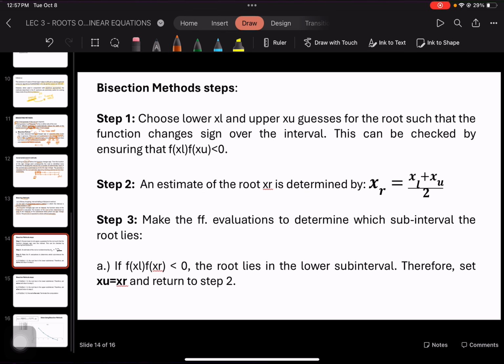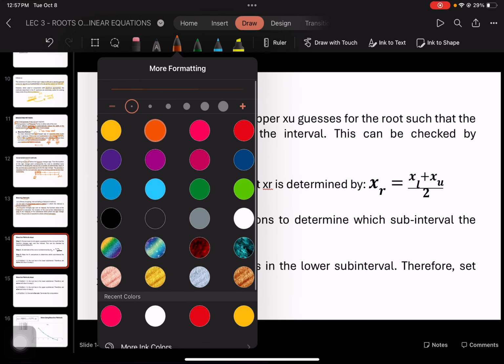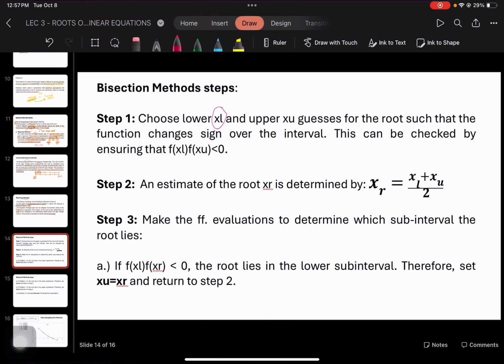So ito yung mga steps in general using bisection method. Step 1 is to choose lower xl and upper xu guesses for the root such that the function changes sign over the interval. Okay?